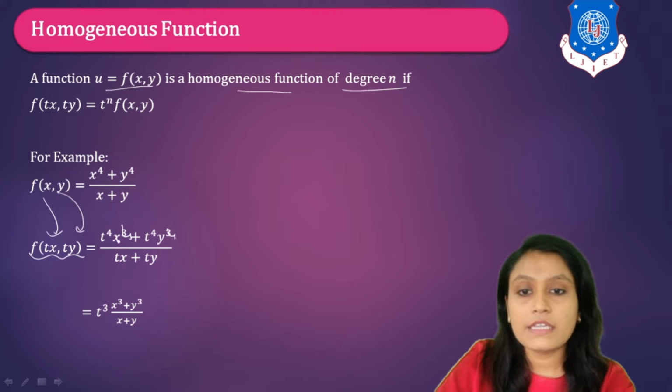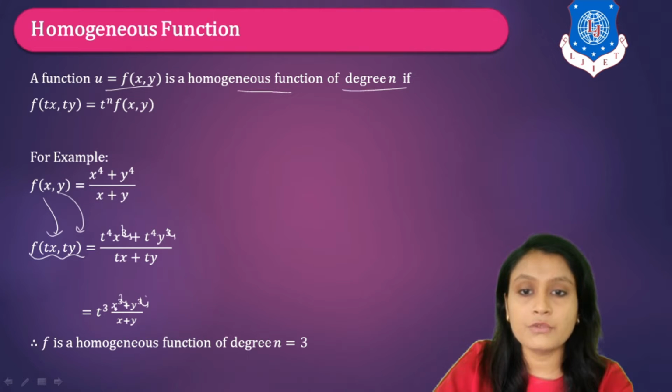Now take t^4 common from the numerator and t common from the denominator. One t will get cancelled, so what you will get over here is t^3 into (x^4 + y^4)/(x + y).